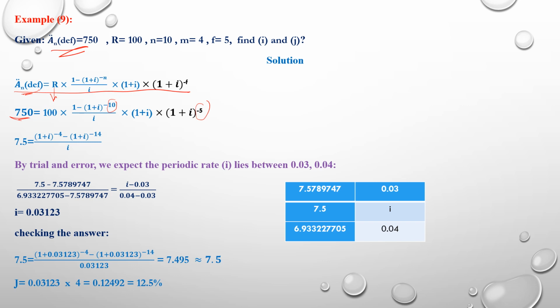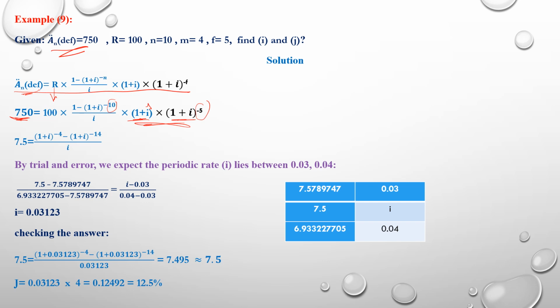Again, dividing 750 over 100 gives 7.5, and the rest we can multiply these sides. We have the same base, so we can add the power, as this (1 plus i) is the same as (1 plus i), but we have different powers here. The power of 1 plus i equals 1, and the power of 1 plus i equals minus 5.